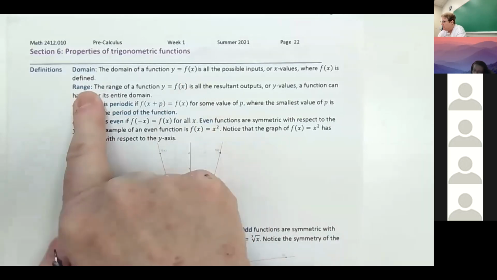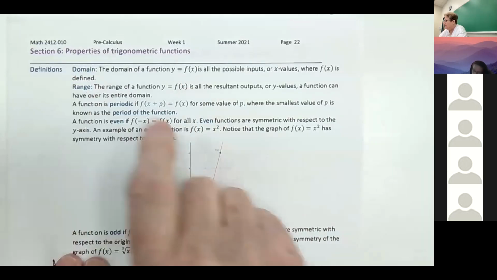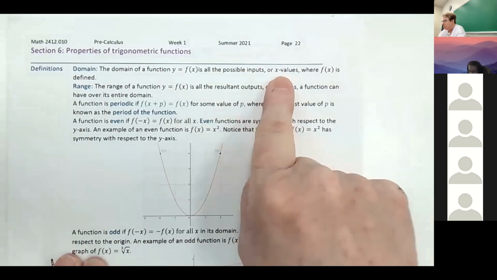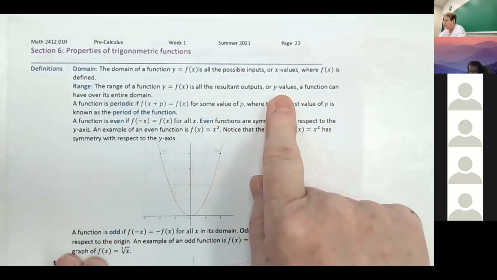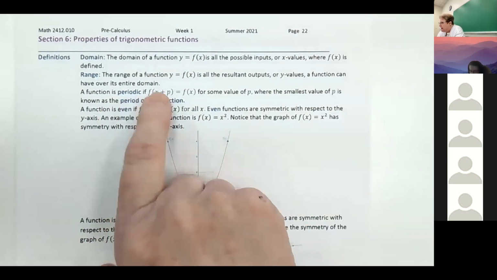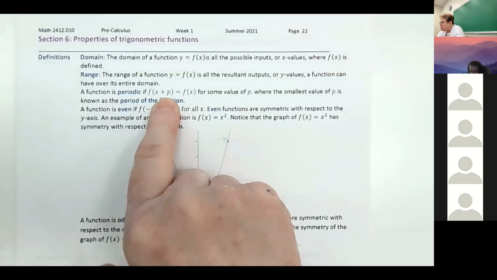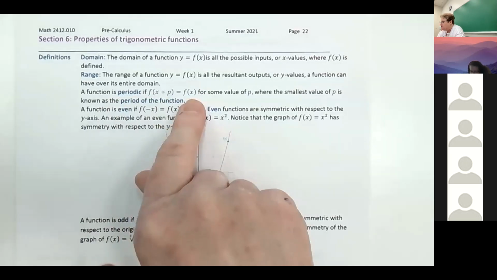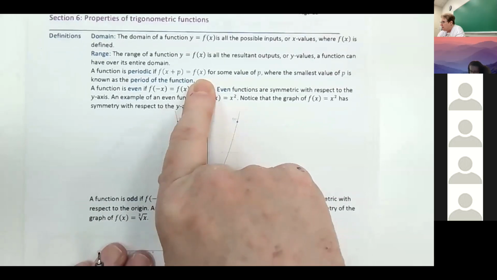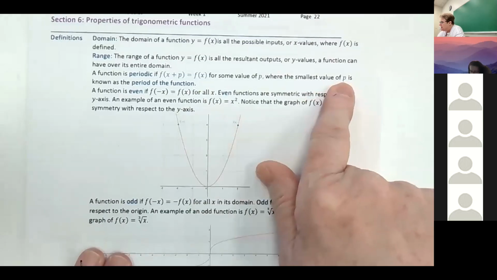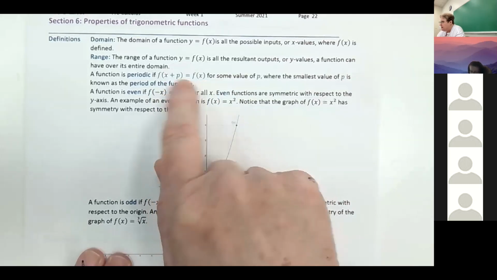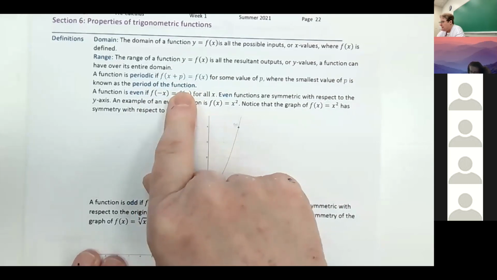The range of a function is all the resulting outputs, or domain is the x, range is the y. Periodic means I can add something to a function and it doesn't change it at all. If P is the smallest value that causes this to happen, P is called the period.